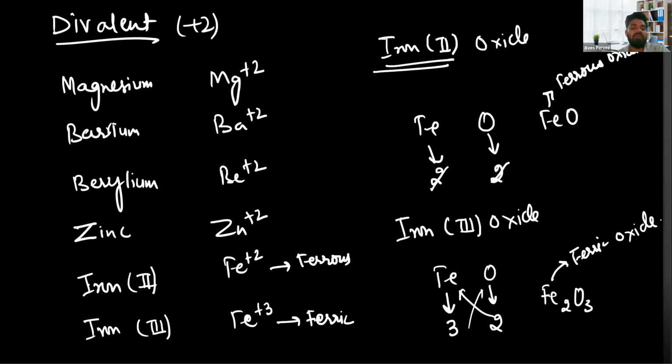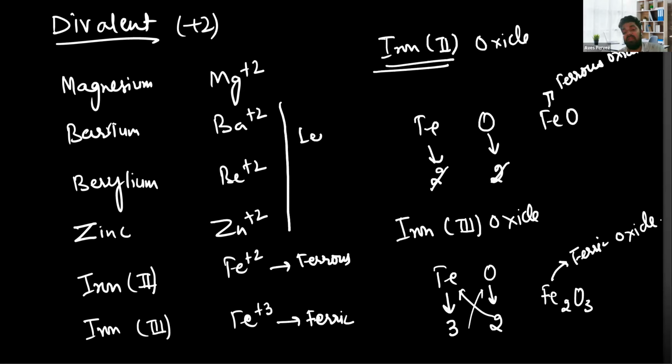Magnesium, barium, beryllium, zinc, iron, tin, Pb, lead. Lead also: Pb is 2 positive and Pb is lead. You have to keep in mind that some elements or compounds have names and symbols that are different. For example, lead.